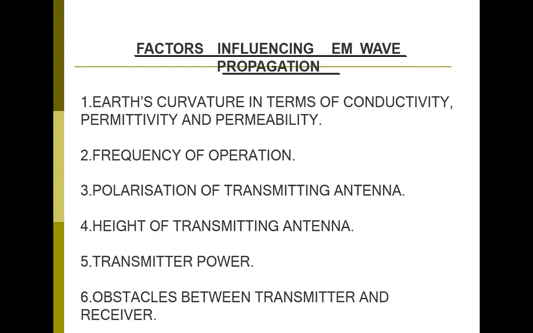The signal is transmitted from the transmitting antenna with what power? So transmitting power is also very important. Next, hindrance or obstacle in the path of the signal which is being transmitted from the transmitting antenna and has to be received at the receiving antenna. I have already told you about these hindrances. In metropolitan cities, these are in the form of skyscrapers.